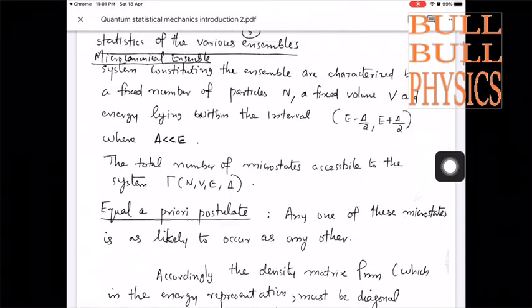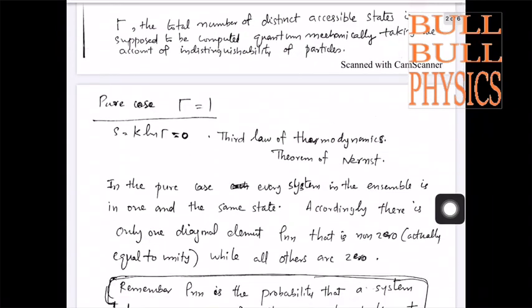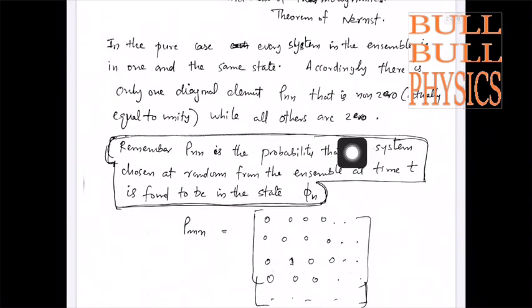Since the total probability is 1, when you sum all the diagonal elements, we will get 1, because rho n is 1 by gamma. So if you add all the diagonal elements of the matrix, you will get 1, the total probability equal to 1. In this case, there is only one state accessible.